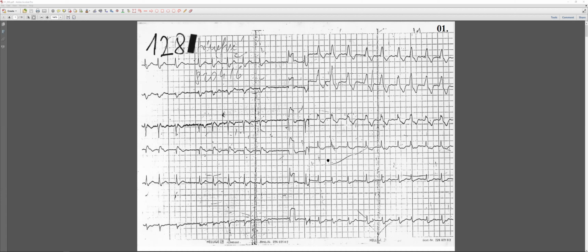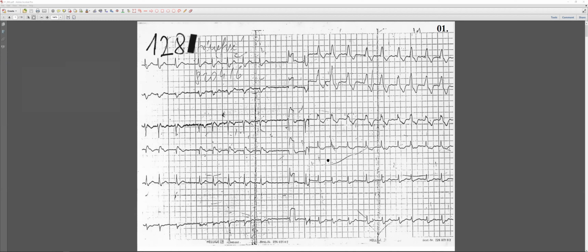What is bifascicular block? I'm really sorry, but could you give me a hint?